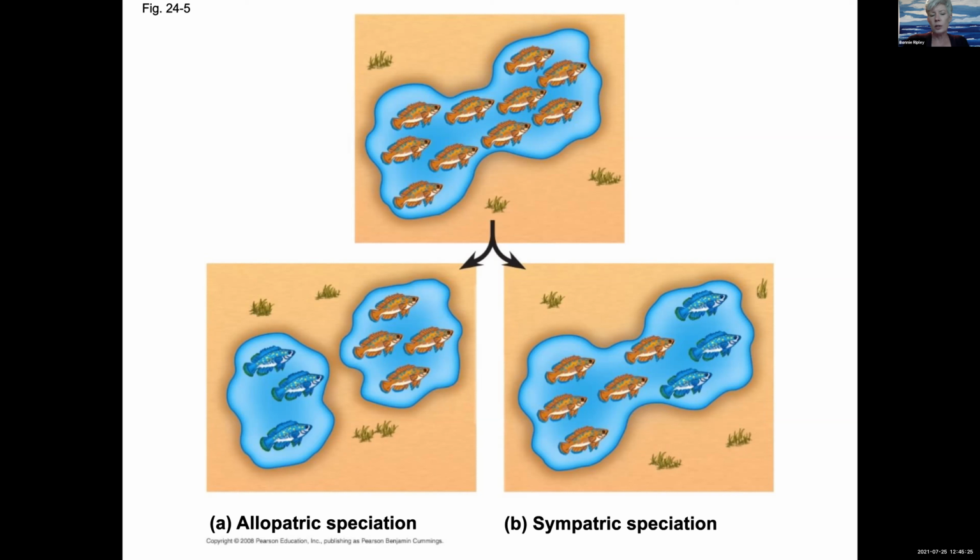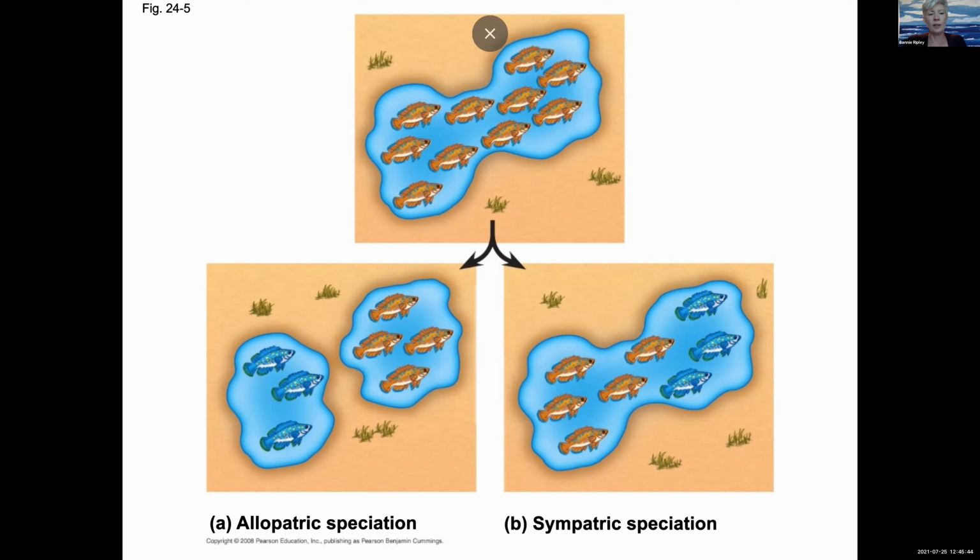So whether the species isolating mechanism happens when they're mixed together or after they're physically separated is the thing that's different between them. So if they're physically separated, geographically separated, we call that allopatric speciation.